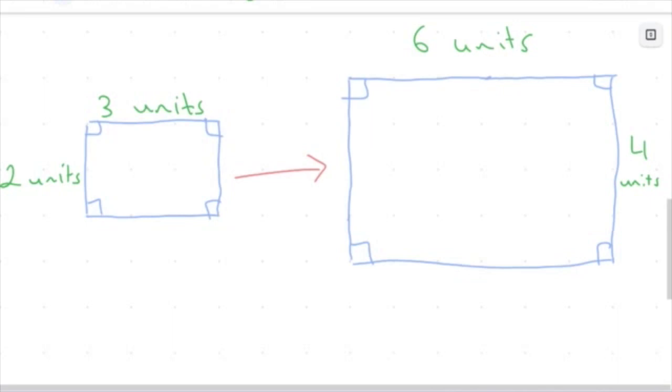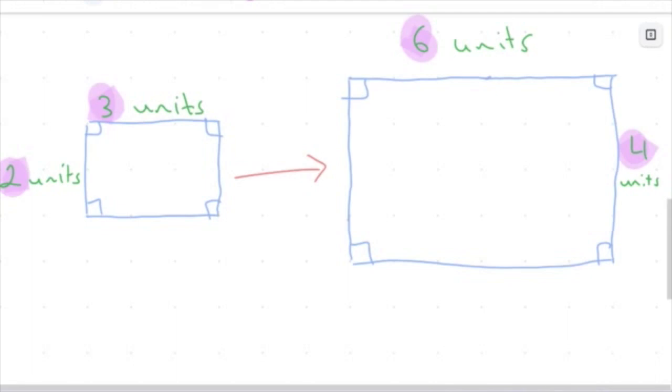Well, let's look at a relationship between the numbers, right? How can I make 6 from 3 here? Well, I can get 6 from 3 by multiplying 3 by 2. Okay, that's something. What about the relationship between 4 and 2? Well, 4 is 2 times greater than 2.